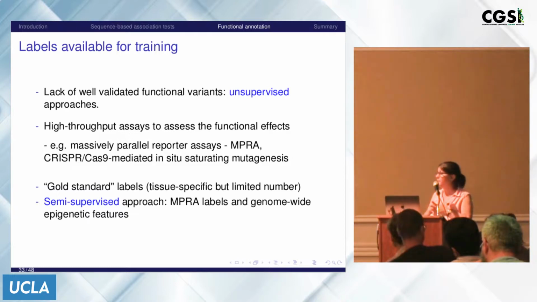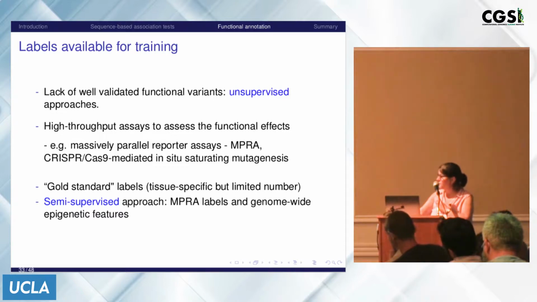You've run an experiment in a particular cell type and tested a set of variants, say with CRISPR-Cas9 or a multiplex reporter assay. How can we incorporate that type of labeled information into our prediction to improve the prediction accuracy over a purely unsupervised approach?